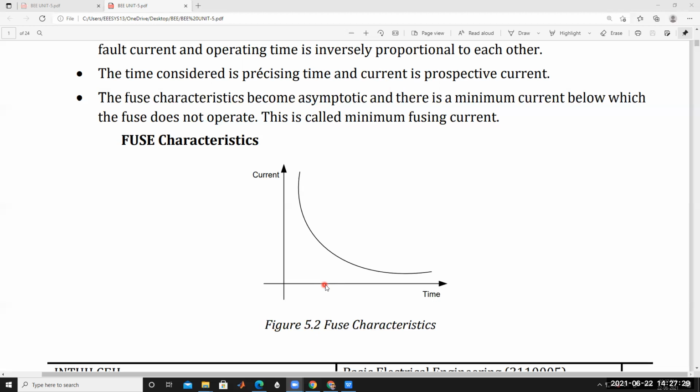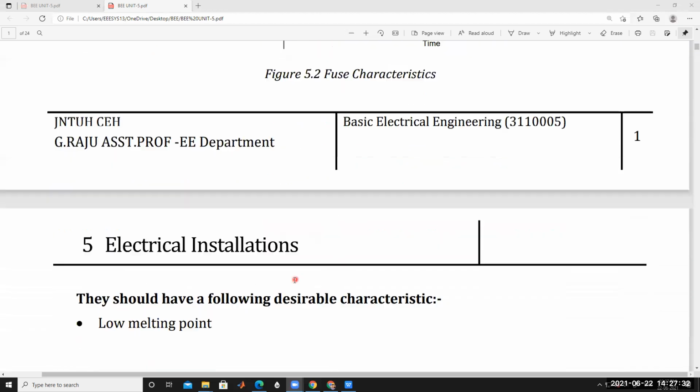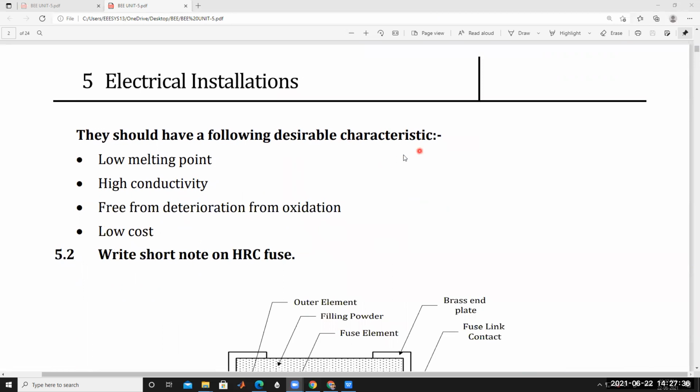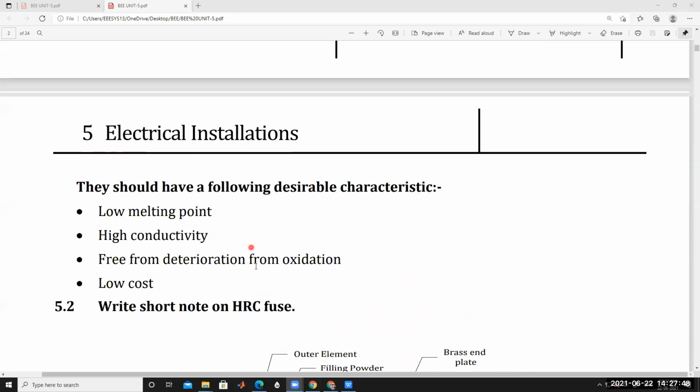Okay, in an effective way. And the fuse should have the following desirable characteristics: low melting point, high conductivity, free from deterioration due to oxidation, and low cost. These are the different characteristics of a fuse. Also high specific resistance and low melting point.